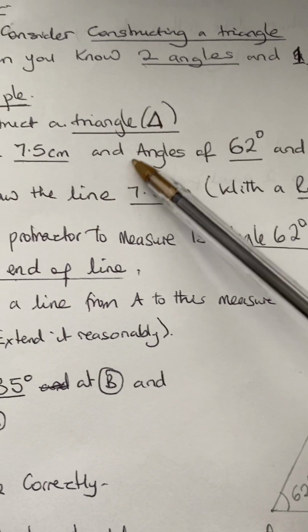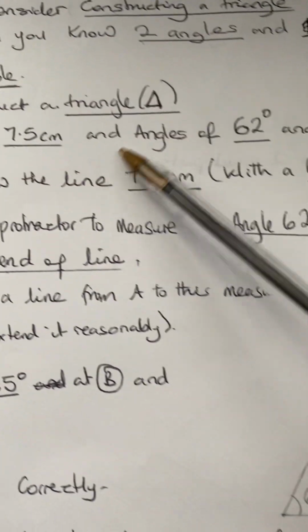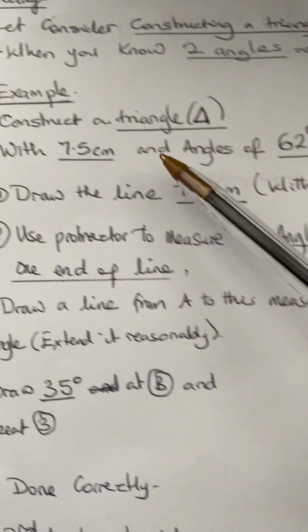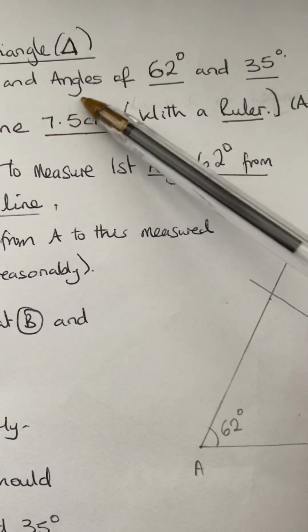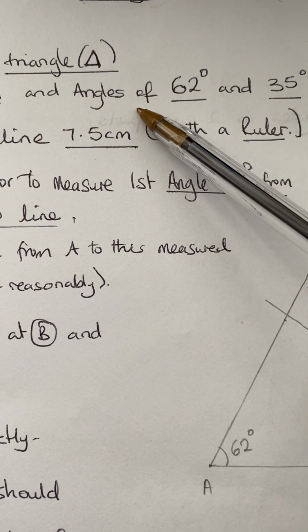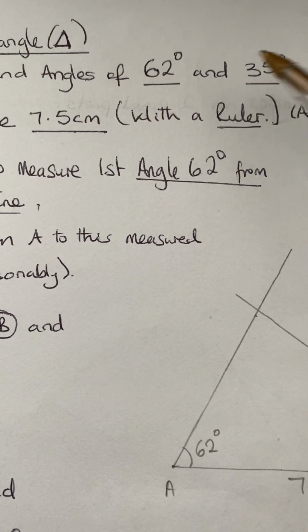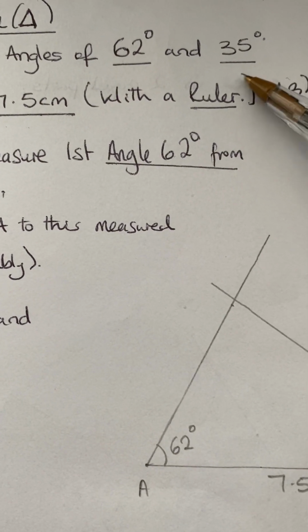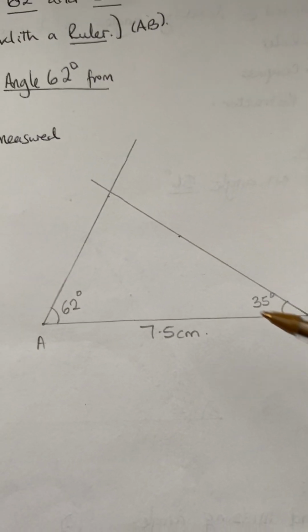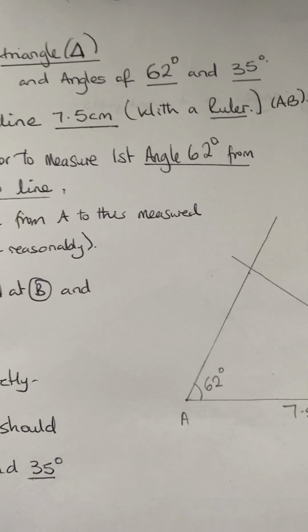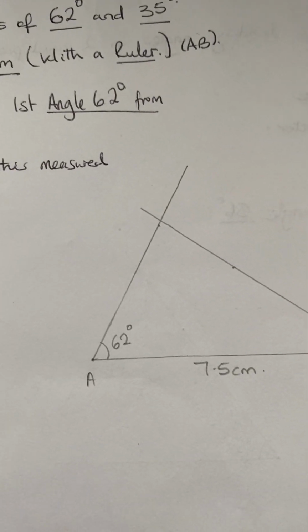Okay, and we've given 1 side and 2 angles. Now we've been given 7.5 centimeters and 2 angles, 62 degrees and 35 degrees, and we've been asked to draw it. Okay, so this is the drawing I have, so I'll show you how to do it.